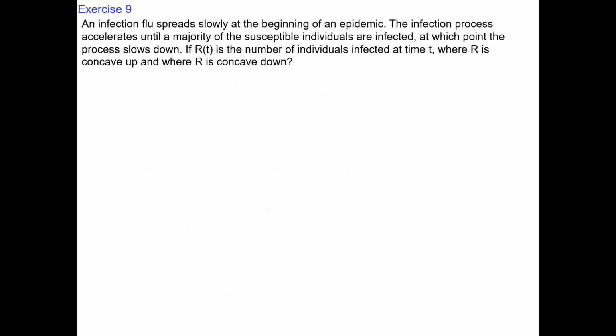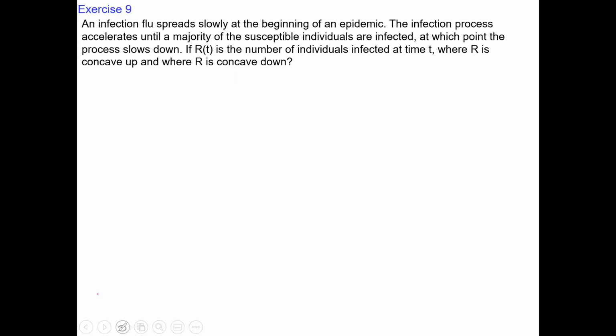The infection process accelerates until the majority of susceptible individuals are infected, at which point the process slows down. You can read it again in your head. If R of t is the number of individuals infected at time t, where is R concave up and where is R concave down? Okay, so we can see it's definitely increasing.